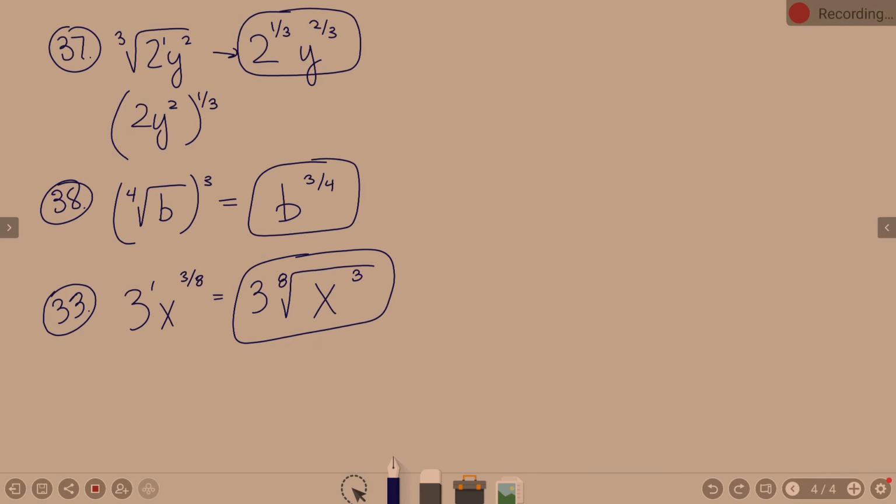Okay, Kylie. Can you go over 17? Yep. I have 17 circled as a good one to look at.